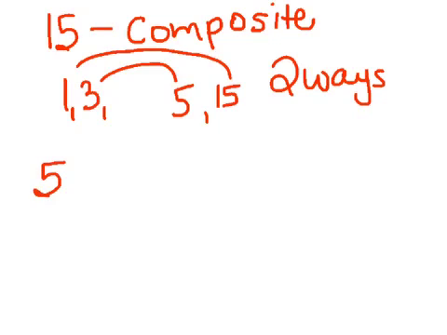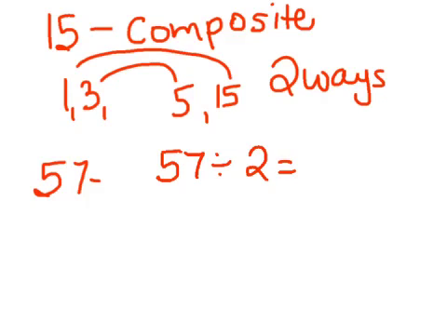What about 57? Is it prime or composite? Now, to find out if 57 is prime or composite, I don't automatically know numbers that work into 57. So I'm going to use my calculator for this, and I'm going to try 57 divided by a few numbers. 57 divided by 2.